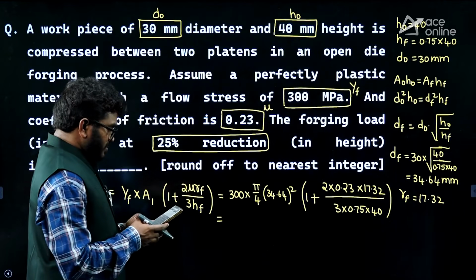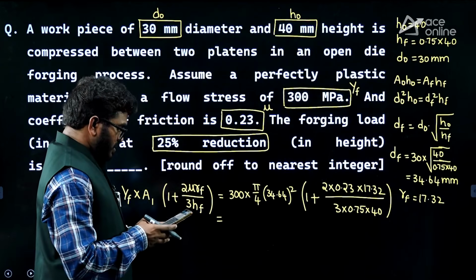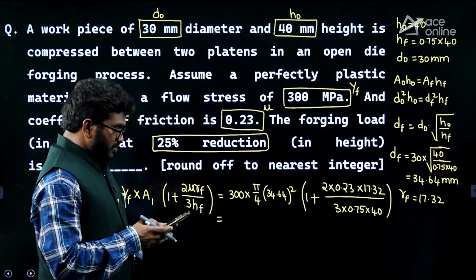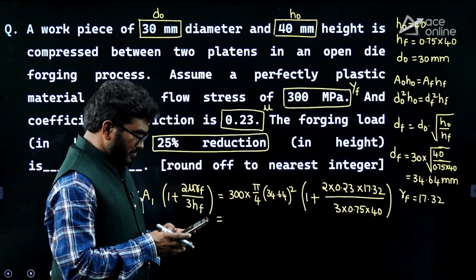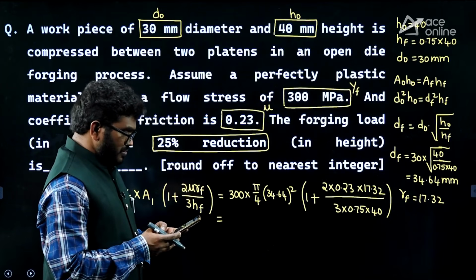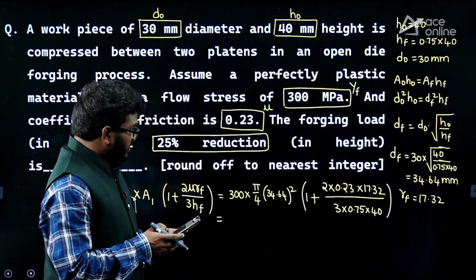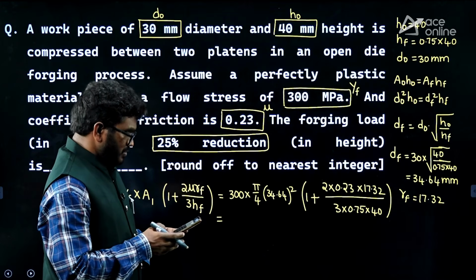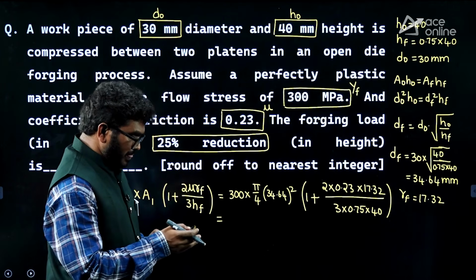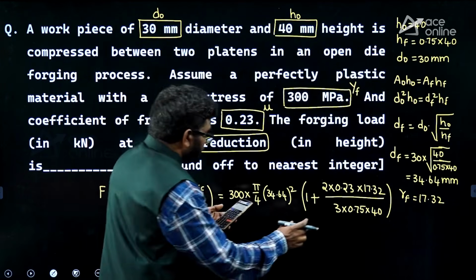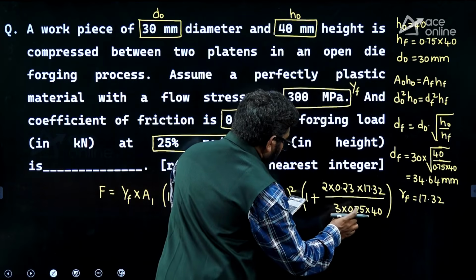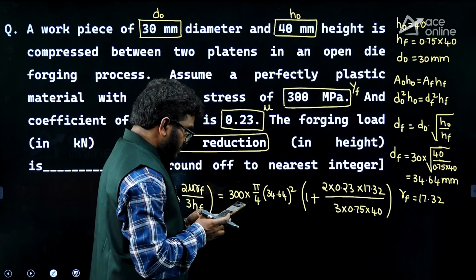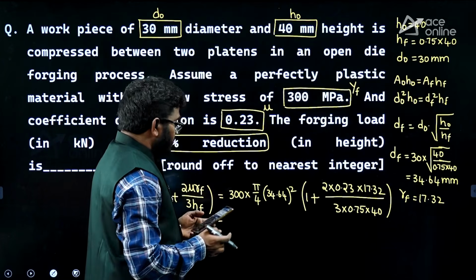Let us consider 2 into 0.23 into 17.32 divided by 3 into 0.75 into 40. This value is 8.85 into 10 power minus 2, plus 1, which is 1.008.